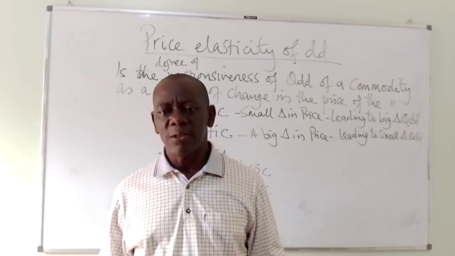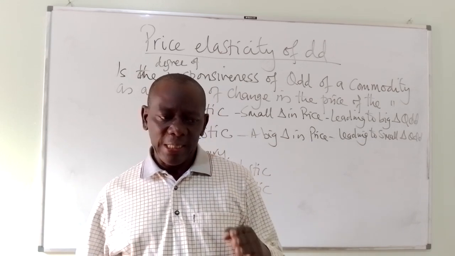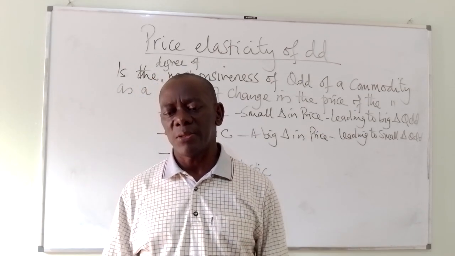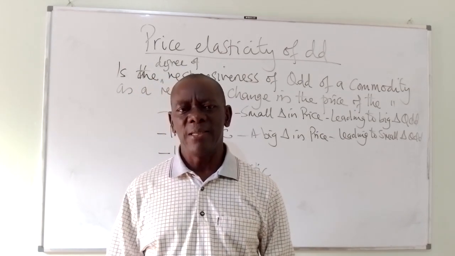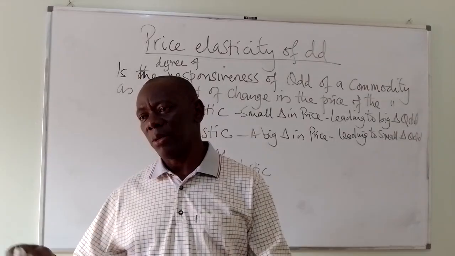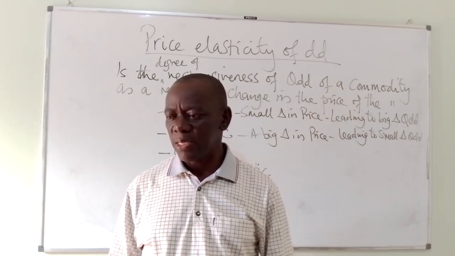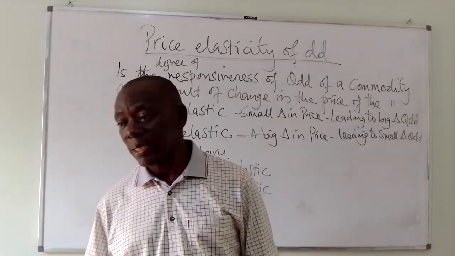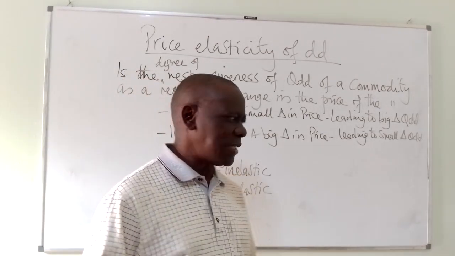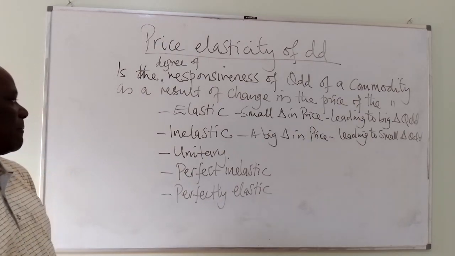Very big change. That is more than 100% increase. But the demand does not change as the price has changed. Slight change. You may find that a person who has been buying 10 kilograms of sugar, after increasing it by that percentage, is now buying 9 kilograms or 8 kilograms. That means that there is a small change. So we conclude and say the demand is inelastic.